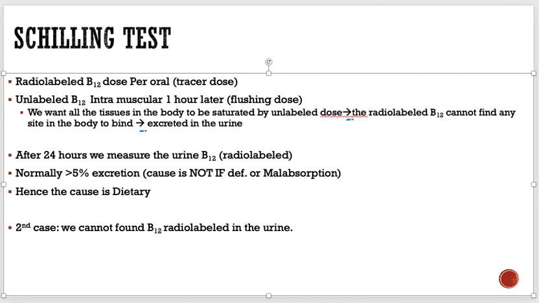What can be the possible causes? The possible causes can be intrinsic factor deficiency, like pernicious anemia. The cause can also be malabsorption.